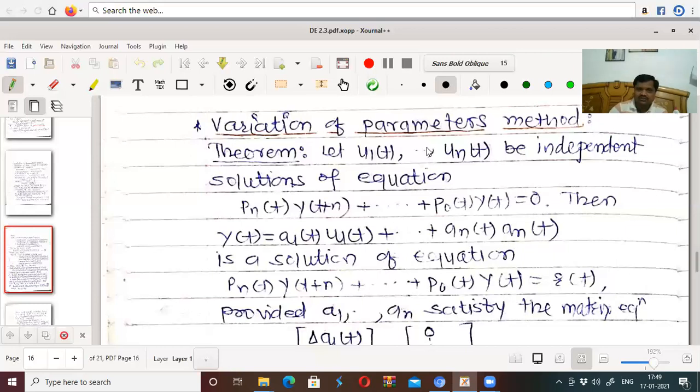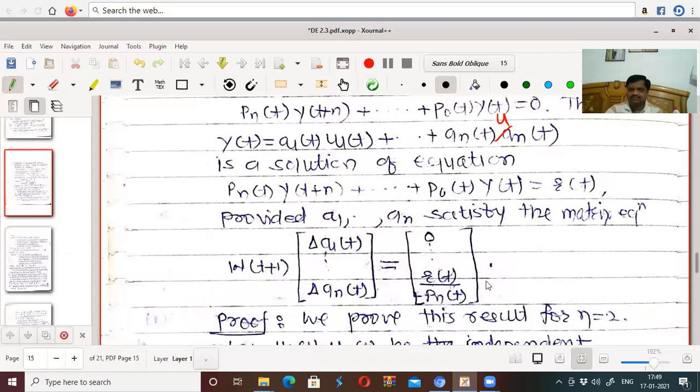Actually this is not ant, it is unt. Where a1, a2, up to an satisfy this matrix equation.